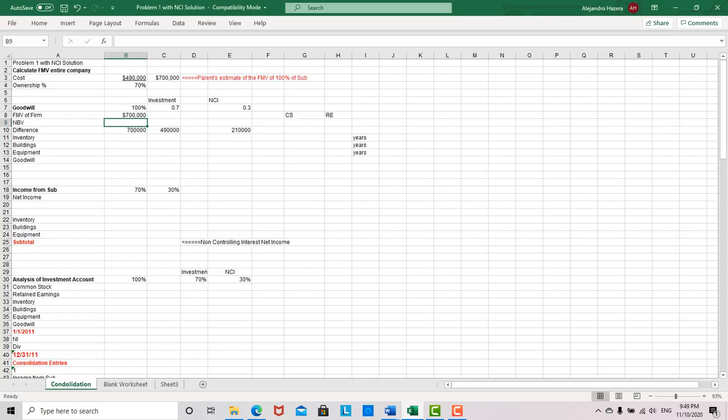I'll put here common stock is 500,000, retained earnings is 100,000, so you can remember. The total equity that we're going to compare that 700,000 against is 600,000. So our total difference here is 100,000. You're overpaying by 100,000.